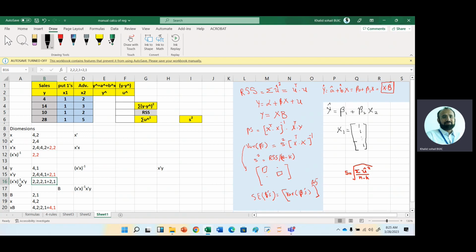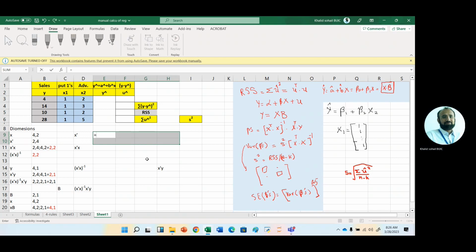And now after getting the beta, we will calculate the variances of beta with the help of this formula, which I have already explained. Now, first we will get X transpose. Its dimension should be 2 by 4, so 2 rows and 4 columns, and we will use the TRANSPOSE function and then press Shift Control Enter.